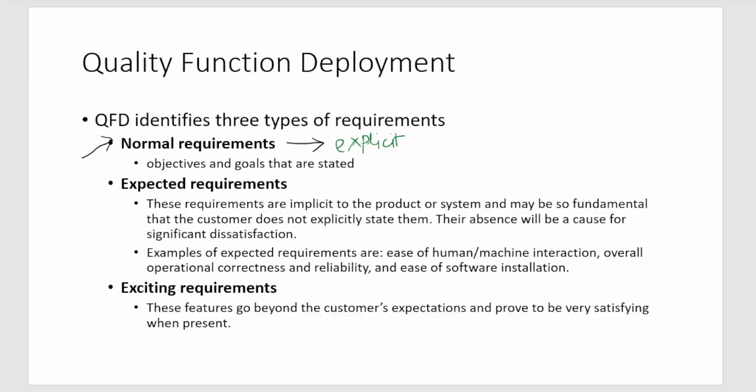The second thing is called expected requirements. These requirements, on the other hand, are known as implicit requirements. What is implicit? It means these requirements are implicit to the product or system, and may be so fundamental that the customer does not explicitly state them, but their absence will cause significant dissatisfaction to the customer.